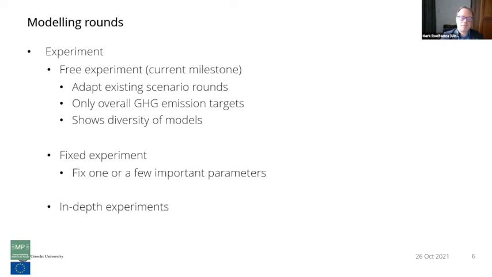So in the next experiment, which we call the fix experiment, we will fix 1 or maybe a few parameters to see how model results behave if these assumptions are being changed. And then in the last round, we want to experiment with fixing more parameters such as efficiencies or costs to really show what the impact is of different assumptions.